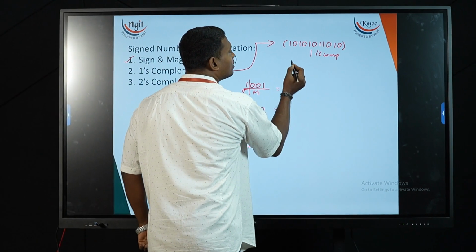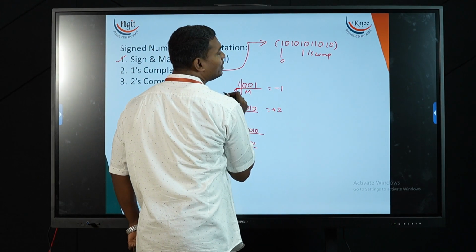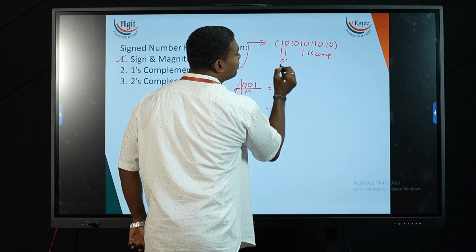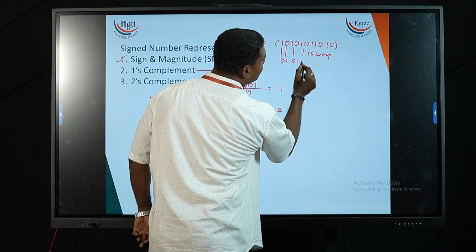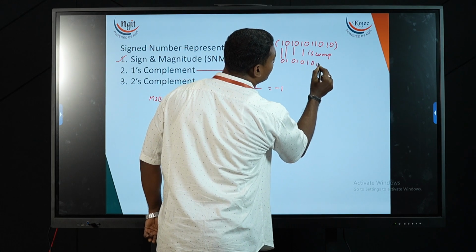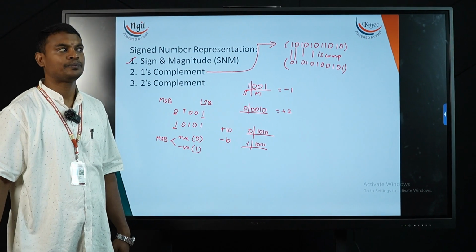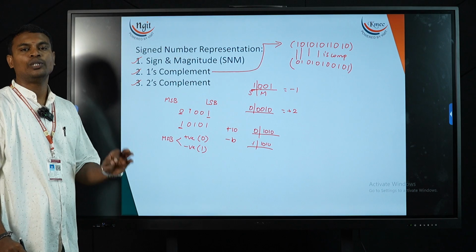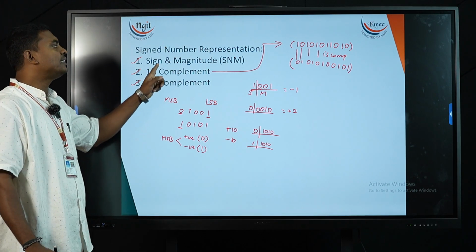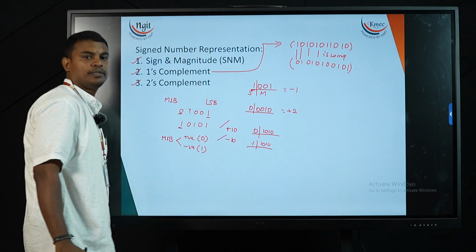So 1 is replaced with 0, 0 is replaced with 1, 1 again with 0, and this goes around like this, 10 10 0 1 0 1. So this is my 1's complemented value. We apply 1's complement or 2's complement only for negative numbers, whereas sign and magnitude occurs for both positive numbers and negative numbers.